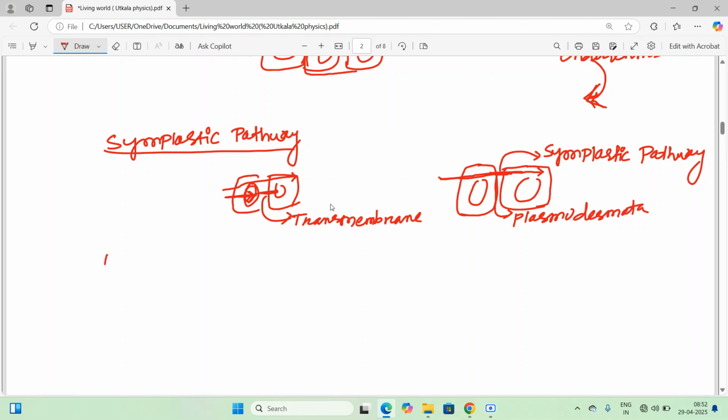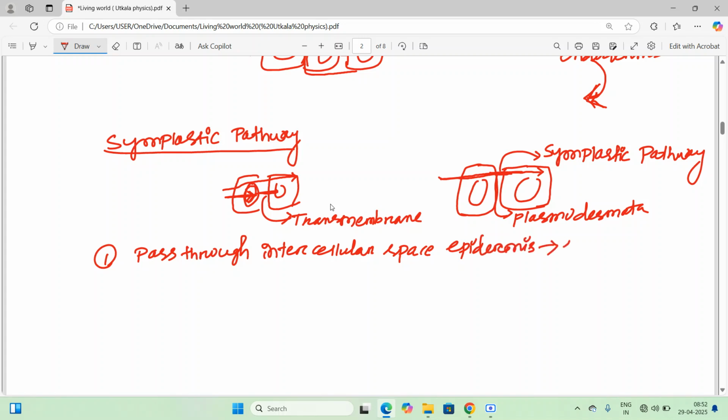So basically, if water passes through the intercellular space from epidermis to endodermis, it will be the apoplastic pathway. Yes or no?